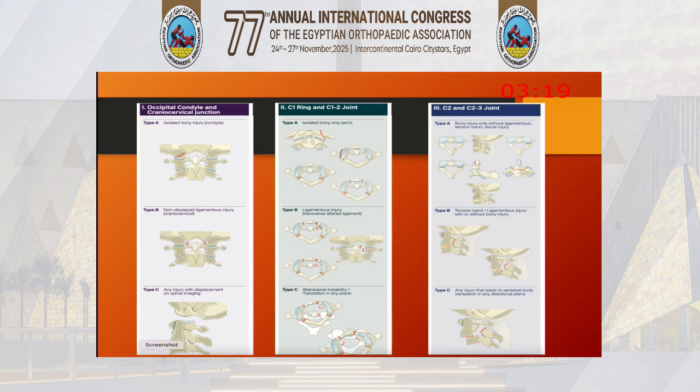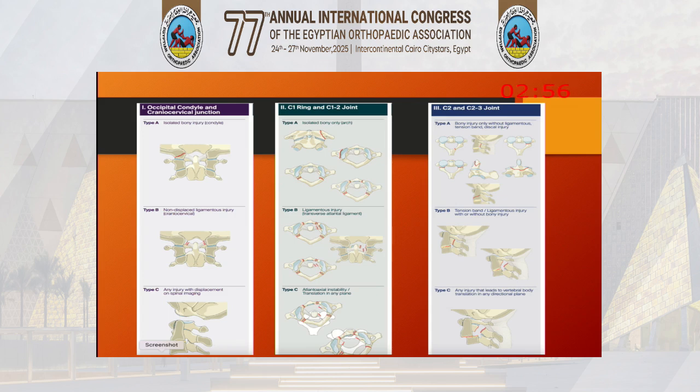The C1 ring and C1-2 joint, the atlantoaxial joint, is either isolated bone or ligamentous injury with little displacement, or ligamentous injury with translation, and also the C2 and C2-3 joint.